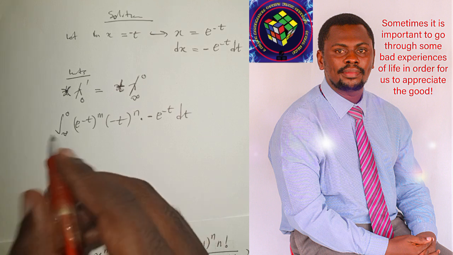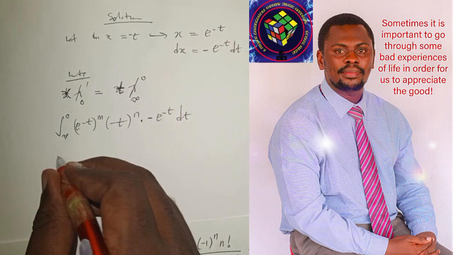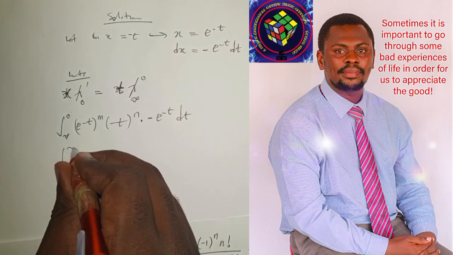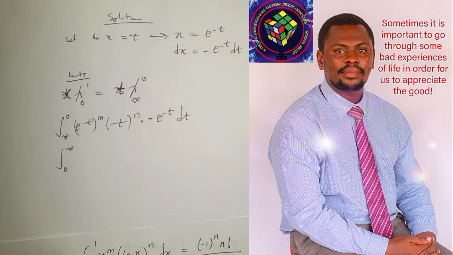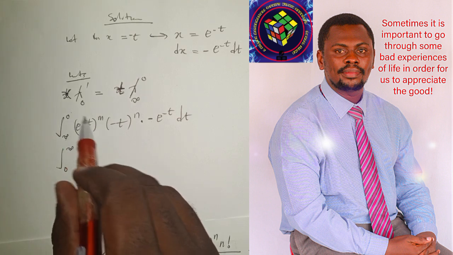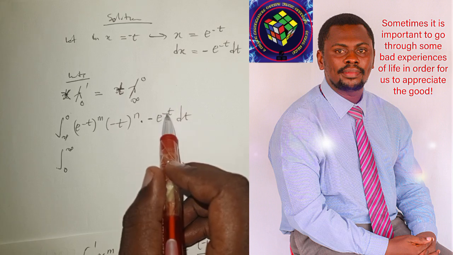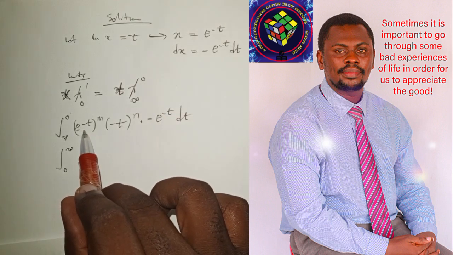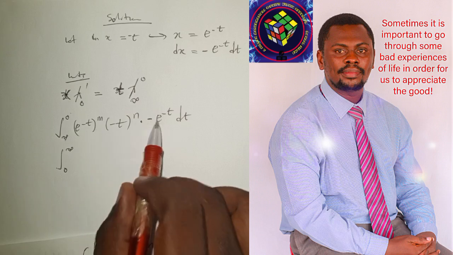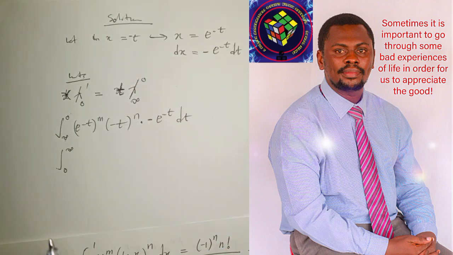So we are going to have the integral from 0 to infinity of, here we have exponent of minus t, and here we have exponent of minus t. These have the same bases, so we can just multiply the powers.